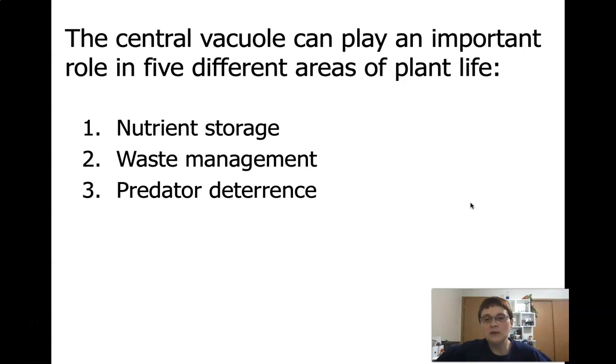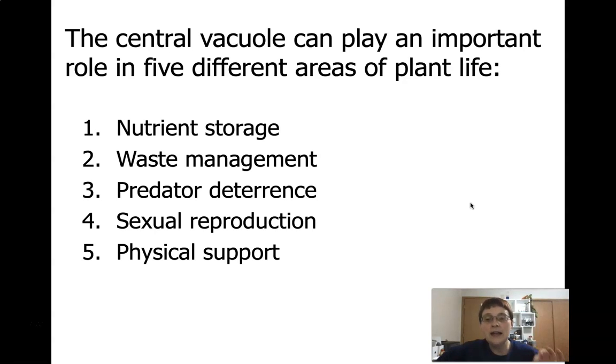So they can put chemicals into the vacuole. Sexual reproduction. This is the structure that some plants are going to use to create color in their flowers. So they fill the central vacuole with color to make their flowers colorful.